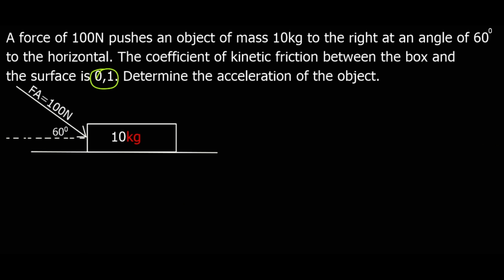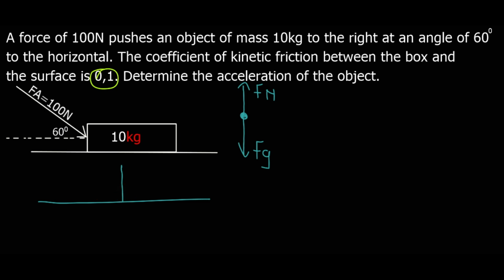But first, I draw here a free body diagram. Firstly, a gravitational force, which is always downwards. And then a normal force, which is perpendicular to the surface. Because this is the surface, the normal force is going to create 90 degrees. So this is 90 degrees.